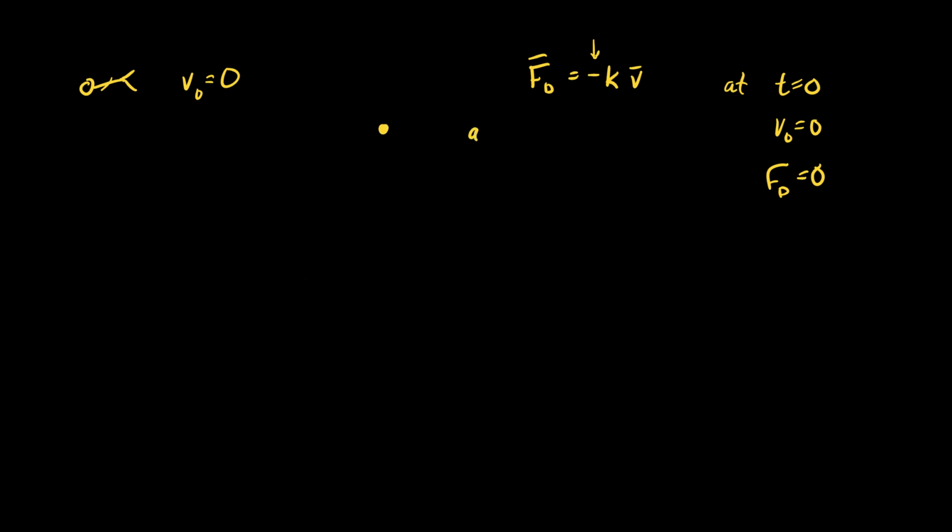So their free body diagram at t equals 0. I'm being very careful. This is at t equals 0. Their free body diagram has a single force, mg. So at t equals 0, the net force will equal ma.